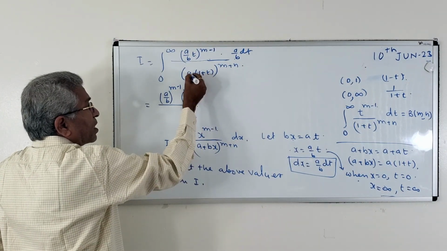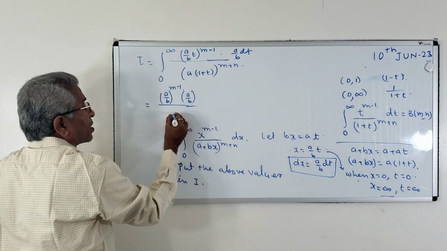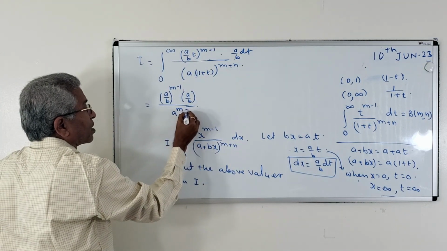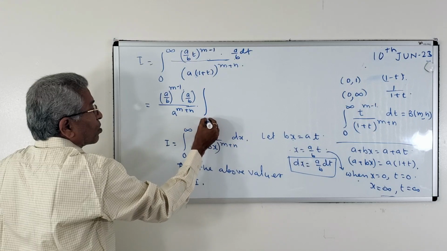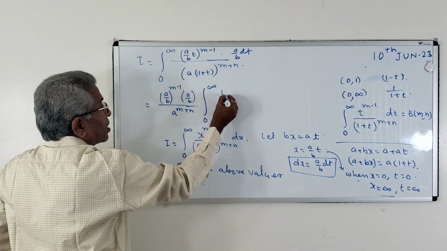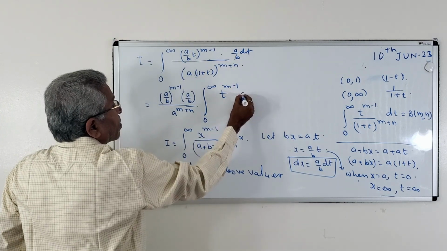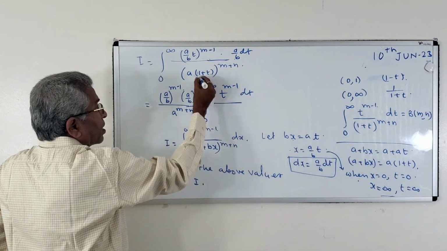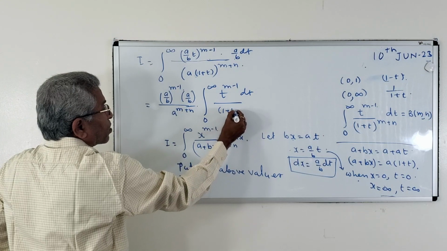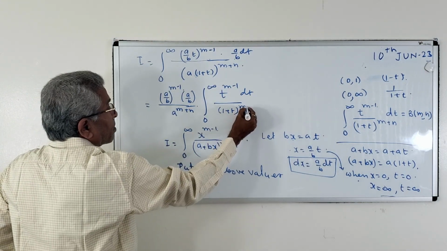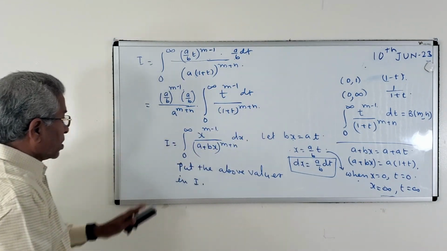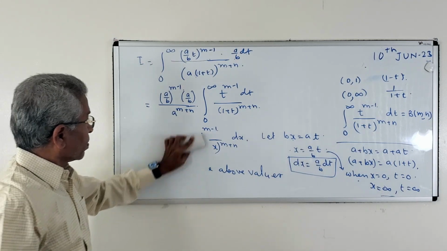From the denominator, a is the multiple constant with power m plus n, a raised to m plus n. Integral 0 to infinity t raised to m minus 1 dt divided by 1 plus t only, raised to m plus n. That is a definite integral.